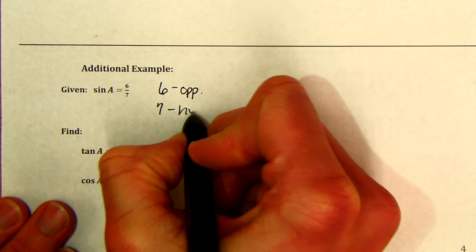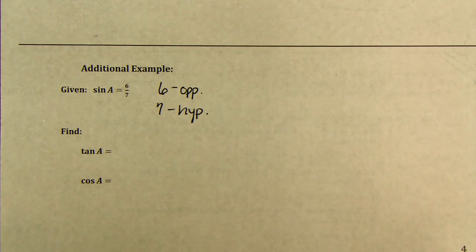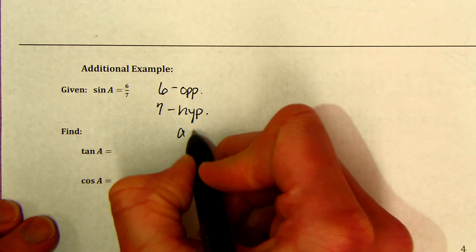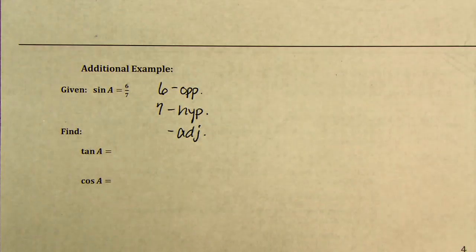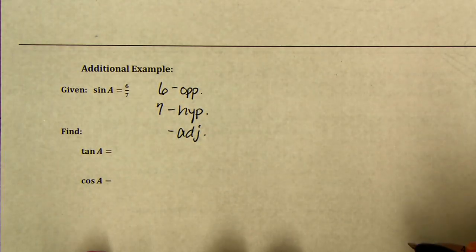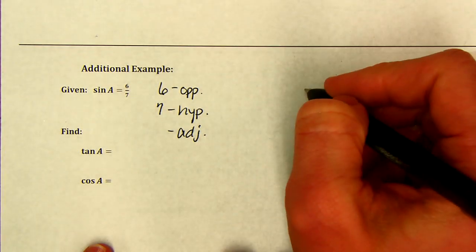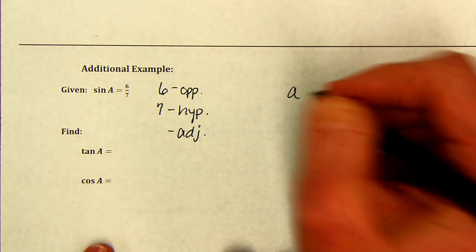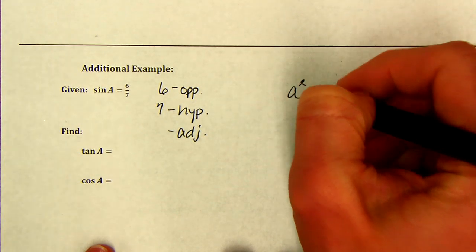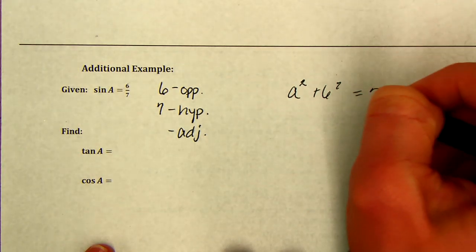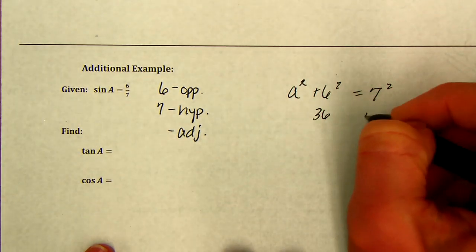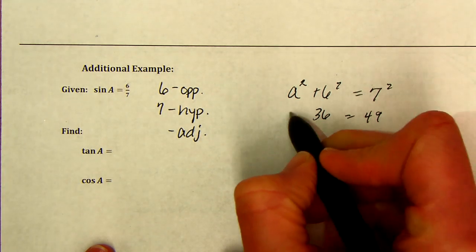And it's a right triangle, so we're actually going to go back to use the Pythagorean theorem. If 7 is my hypotenuse, I'm going to call the adjacent side a. So a squared plus 6 squared equals 7 squared. That's 36 and 49 here. I'm going to subtract the 36, and I get 13, and then take the square root of that.